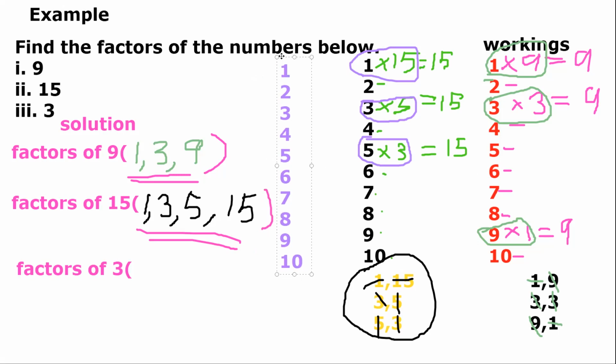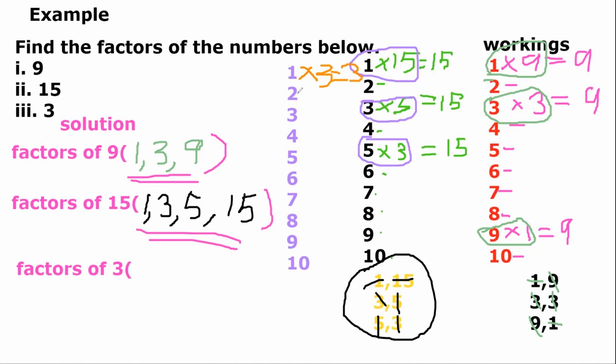So let me see those numbers that, when you multiply, you get 3. 1 times those numbers; we are finding the factors of 3. 1 times 3 will give you 3.